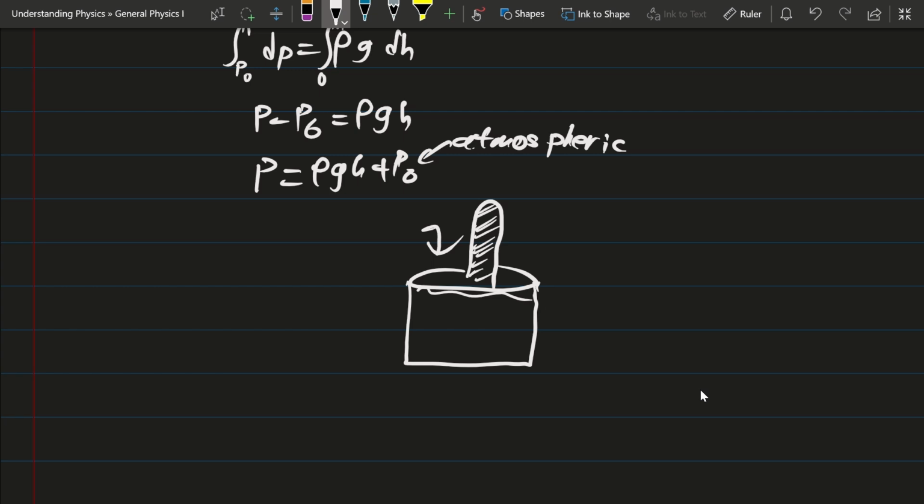There will be pressure from the outside that will be P0, and the pressure from P0 should be equal to the pressure that is exerted by this entire column of mercury, plus the atmospheric pressure in here, which is normally vacuum.